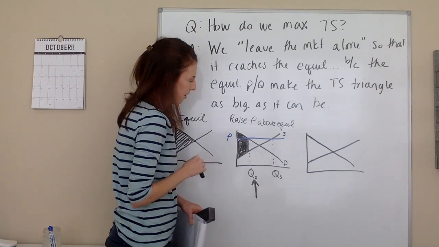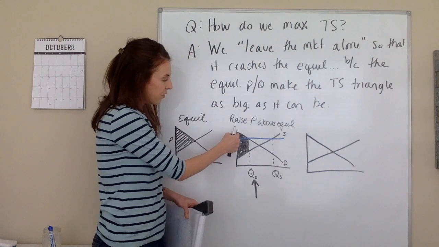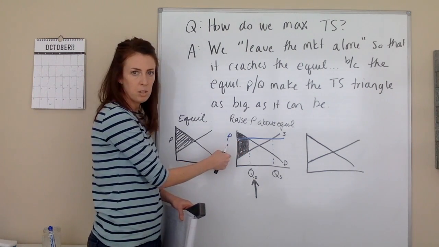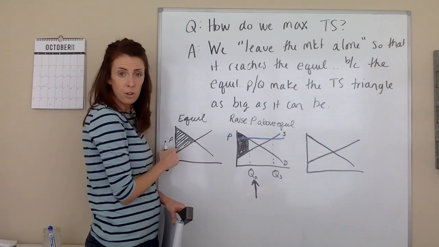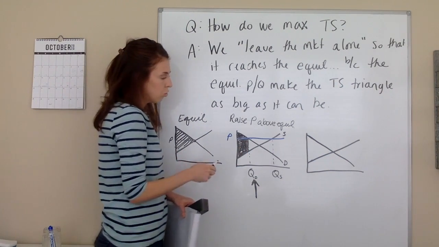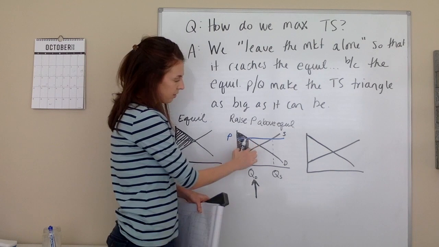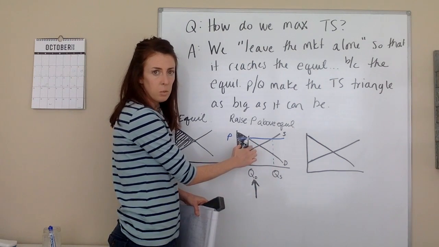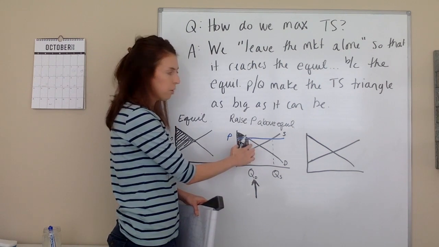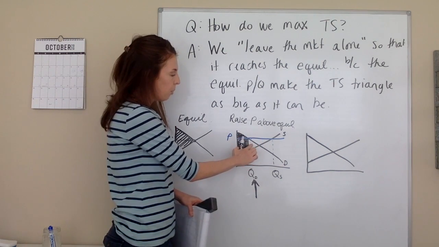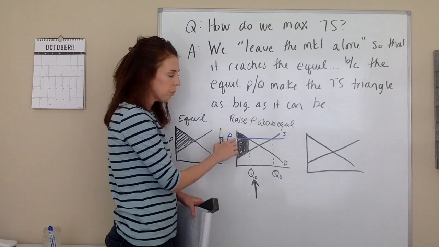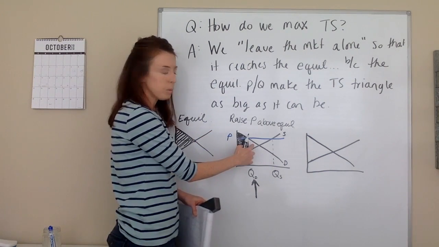I should know the name of it, but I don't. And so now this whole black shaded region is going to be the total surplus. This black shaded region is smaller than the original black shaded region. So we used to have this little segment in here that was incorporated into the total surplus, which again was well-being that was realized in the economy. But when the price drifted above the equilibrium, we lost this amount of surplus.